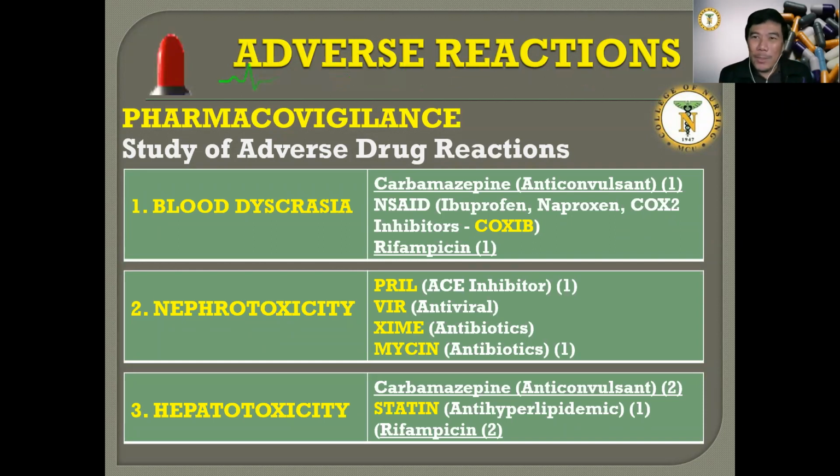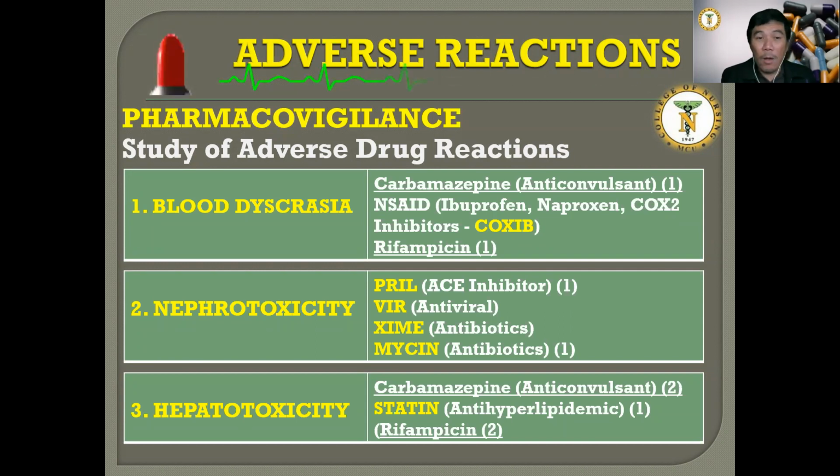Let us now proceed to number 2. Number 2 is all about nephrotoxicity. Very obviously, it's talking about toxic adverse reactions affecting the kidney. So what are those drugs? My purpose in discussing the common suffixes first is that you are already encountering those suffixes now, and these common suffixes may guide you in identifying the drugs.